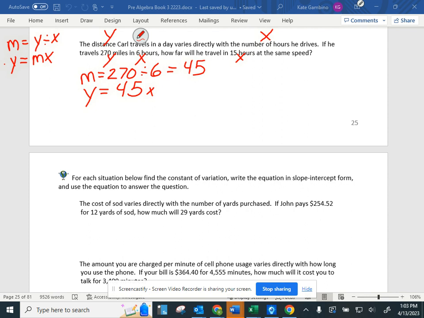How can I answer it, Michael? Y equals 45, filling in the 15 for my x. We're solving it for the y because we know the x. So what does y equal? Michael: 675. 675 miles.